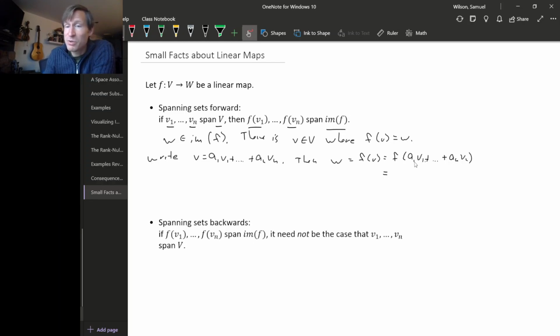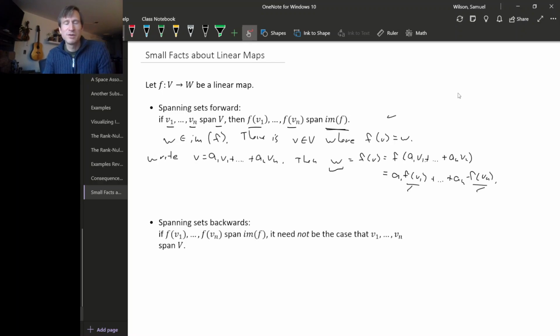Now we can use the preservation of structure, so this is a1 f of v1 plus dot dot dot plus an f of vn. Okay, and look, we've written this arbitrary element of the image as a linear combination of the images of v1 through vn, and that means that f of v1 through f of vn span the image, which is what we wanted to show.